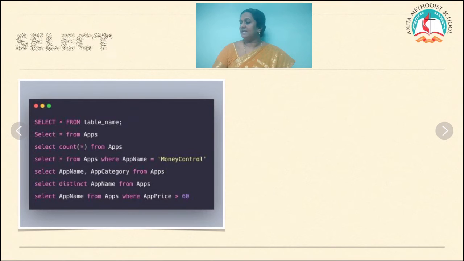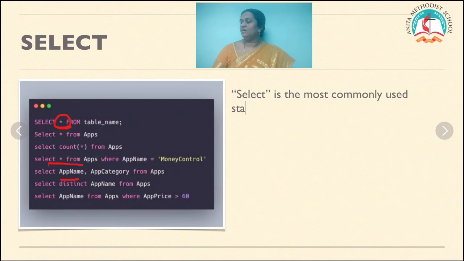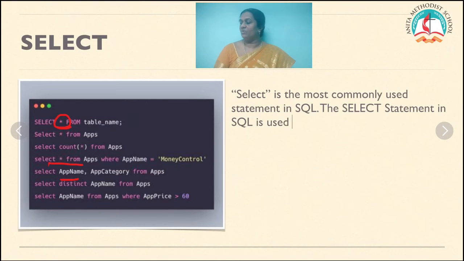See the select command, how the select command is working. Select asterisk from. I already told you what asterisk is used for: it selects all the records. So this asterisk means we are selecting all the records from the table. Now what is the select? The select is the most commonly used statement in SQL.